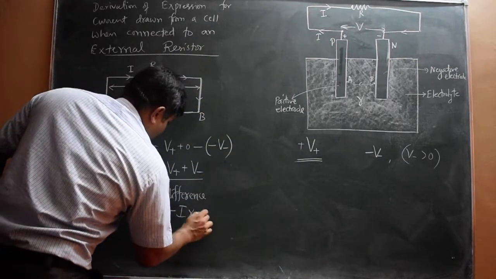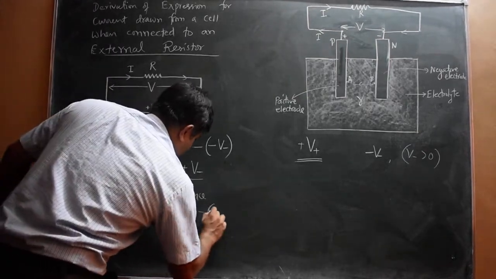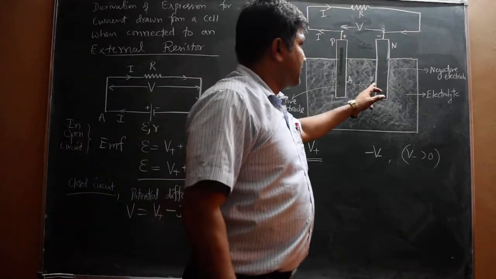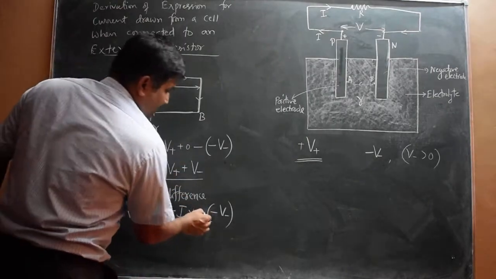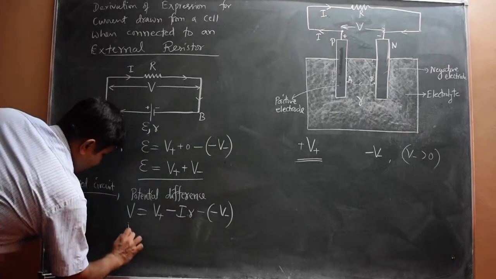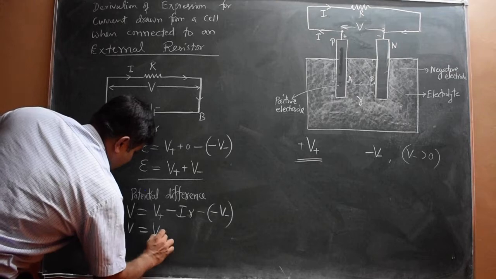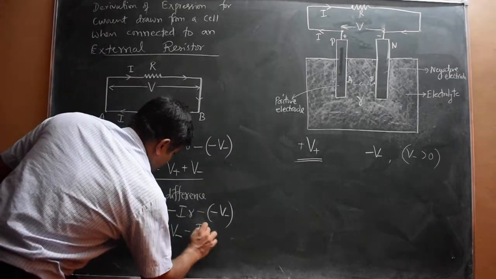Then next, minus of minus V minus. This is the potential difference between the point B and the negative electrode: minus of minus V minus. So this is equal to V plus plus V minus, then minus IR.